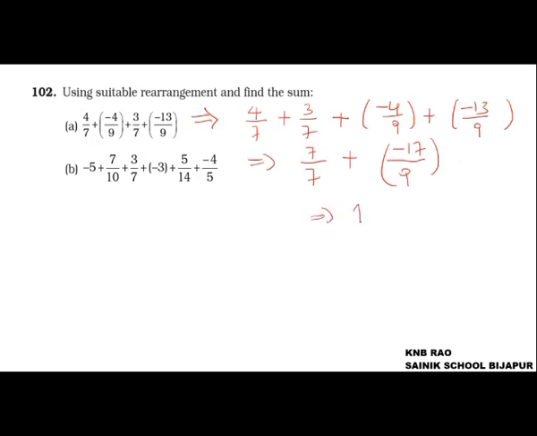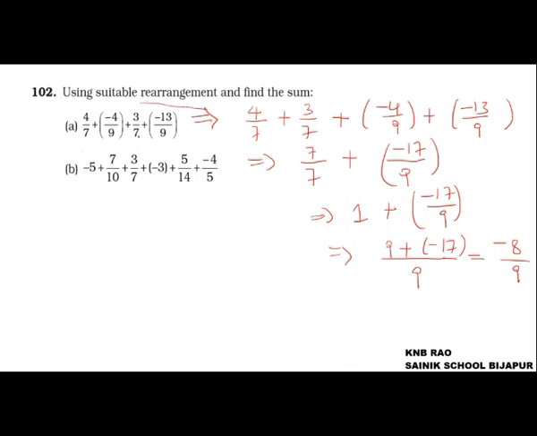Now 7 by 7 is 1. 1 plus minus 17 by 9, and taking LCM, if you simplify further, it gives you minus 8 upon 9.